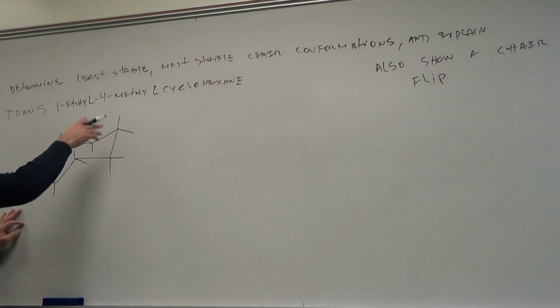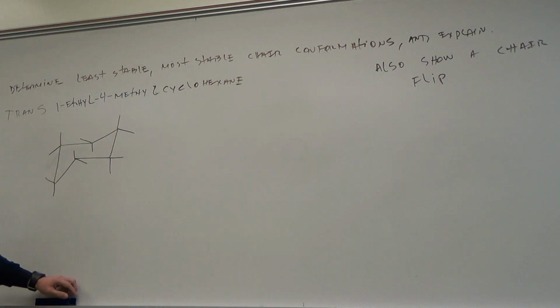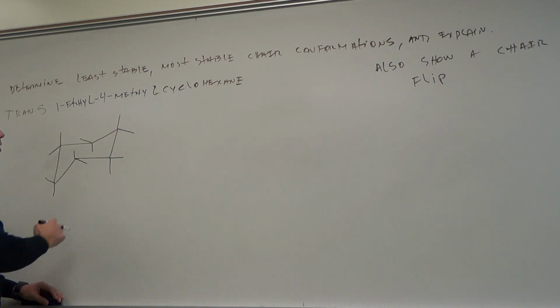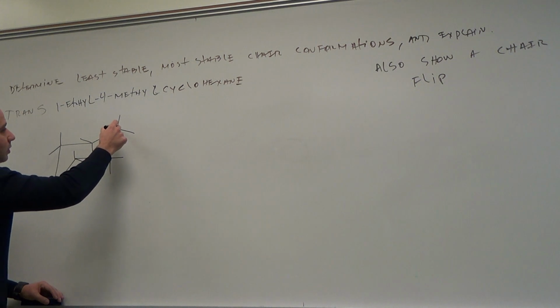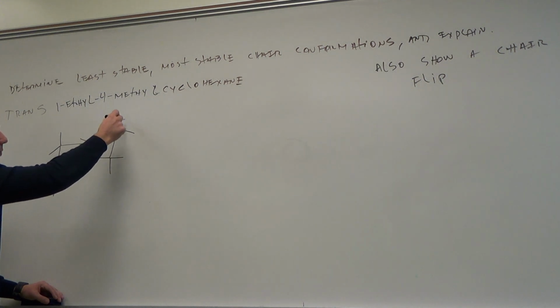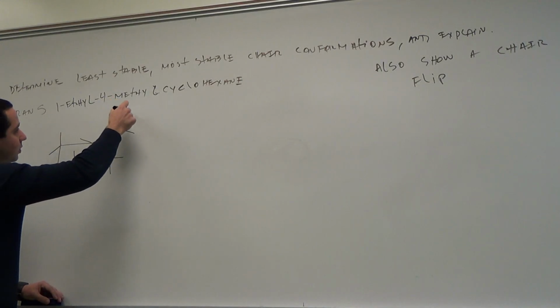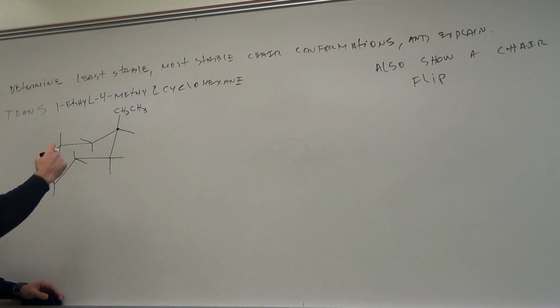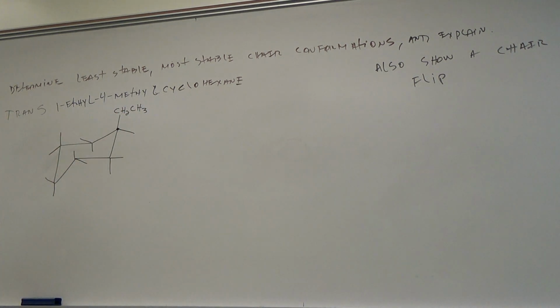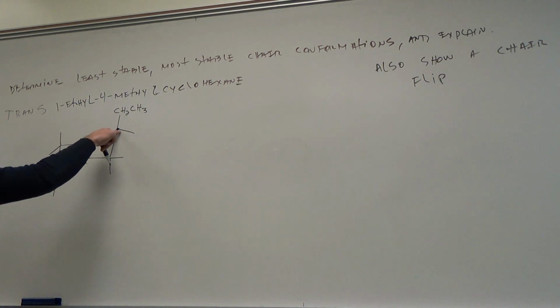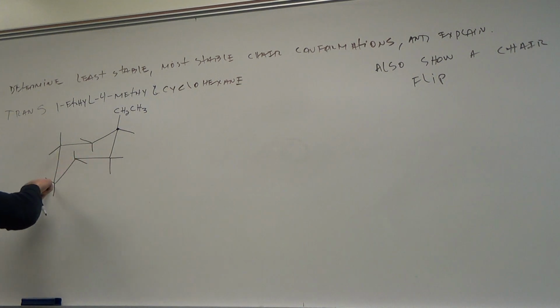Okay. What do I put in what place? This is going to be carbon 1, yes? What am I going to put here? An ethyl. Am I going to put it up here or down here? Up? Okay, fine. We can put it wherever you want. So that's the ethyl. 1, 2, 3, and 4. So this here will be a methyl.